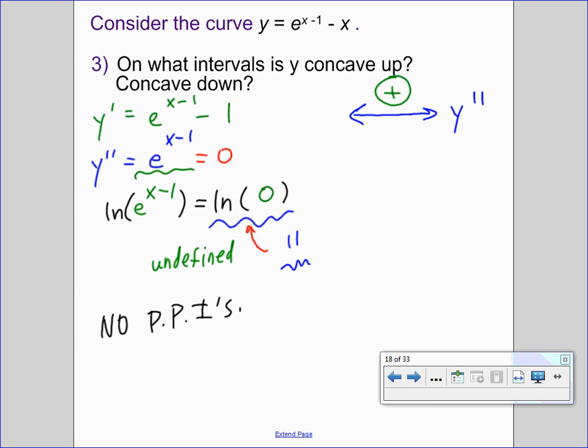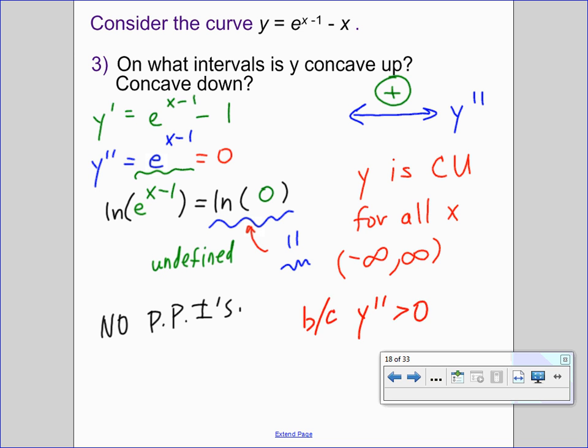Concave up for all values of x. So, to answer the original question, y is concave up for all x in the domain, that is negative infinity to infinity, because, you guessed it, y double prime is positive for all x.